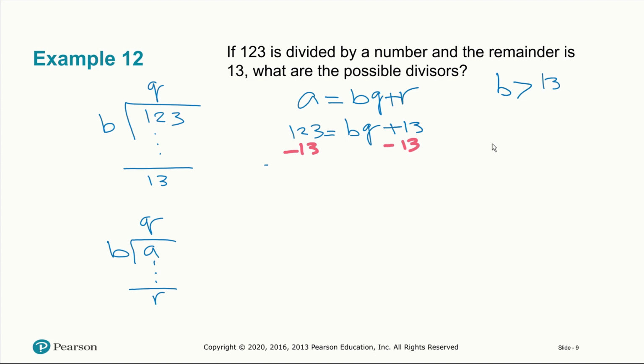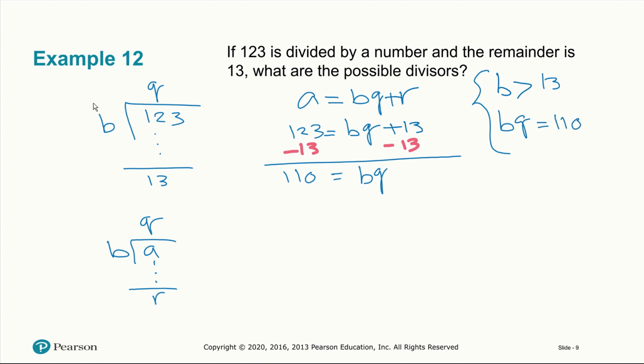And we will end up with BQ being equal to 110. Okay, so now we know what the product of B and Q has to be, right? And we also know, so these are the two things we know. We know that B is greater than 13, and we know that the product of B and Q is 110.